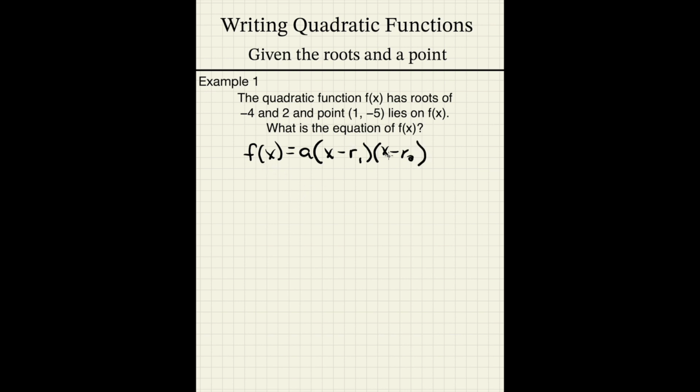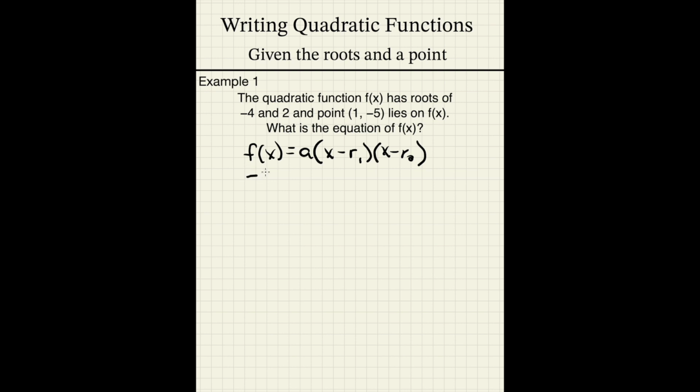This is factored form, and this is what you need in order to solve for this equation. So let's see here. What information do we have? Well, we know that we can use this (1, -5) because for every input of 1 for x, there will be an output of -5 for the y, for the f of x.